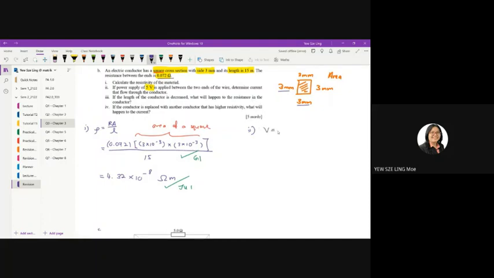So V equals to IR, I equals to V over R. So V given is 5, R given 0.072 ohm. So the answer is 69.44 ampere. That is the current flow in your conductor.